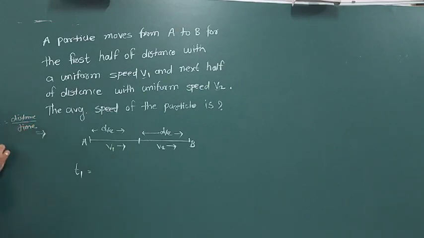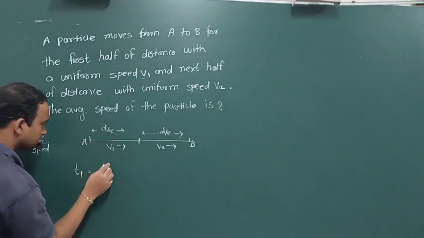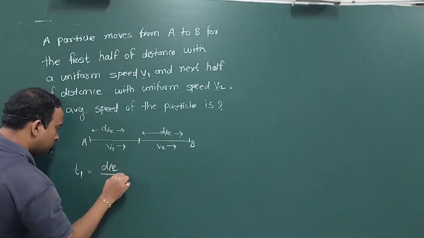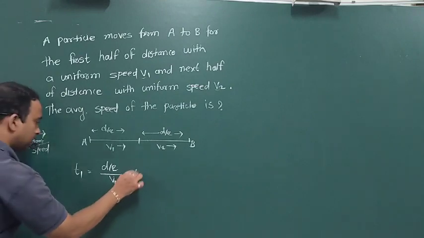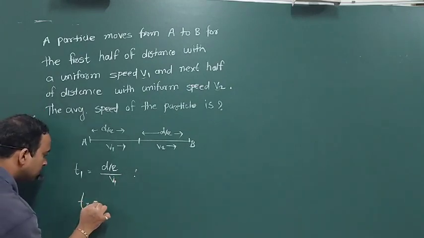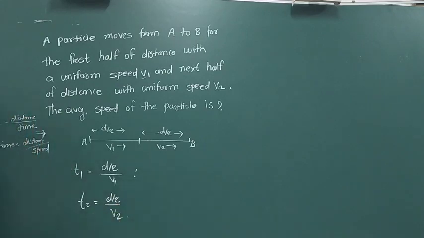Therefore time is equal to distance upon speed. So we get time period t1 is equal to d by 2 upon speed v1. Similarly t2 is equal to d by 2 upon v2.